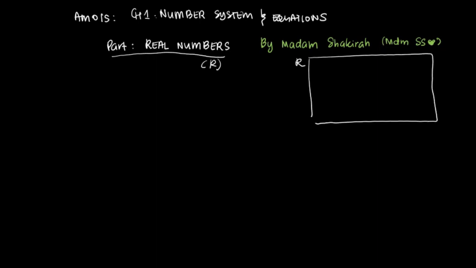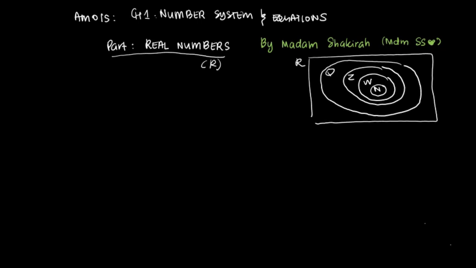The smallest one inside is N. After N is W. After W is Z. Then next we have the quotient Q. And outside of everything is Q bar, the irrational numbers.